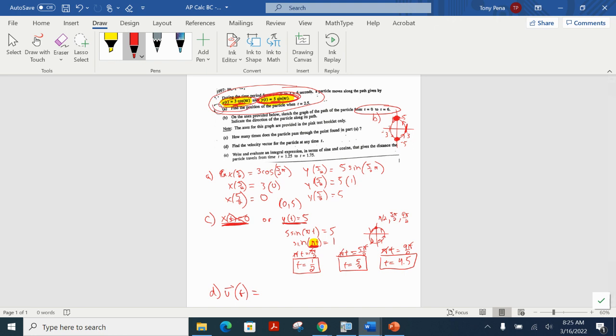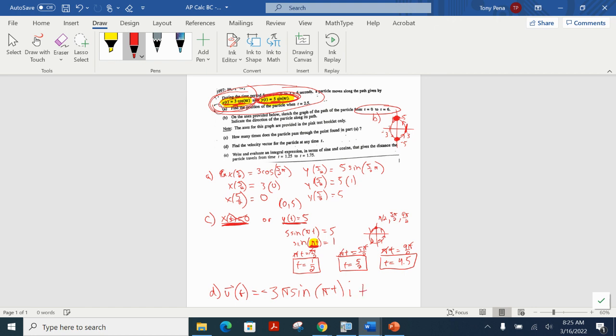I'm going to take the derivative of this first one. So that would be what? We would first get the 3. The derivative of cosine would be a negative sine of pi t, and then I would have to multiply by pi. So you now have two options. One of them would be to put the little i right here to indicate that this is a vector.